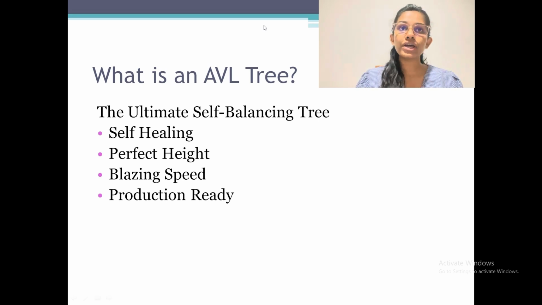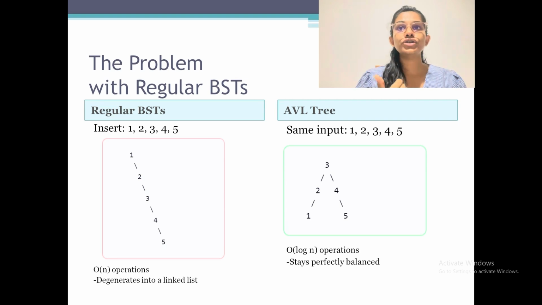Well, in a regular binary search tree, if you insert nodes in sorted order, you end up with essentially a linked list. For example, if you insert 1, 2, 3, 4, 5 in that order, your tree degenerates into a linear structure.